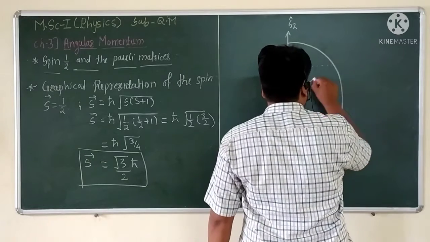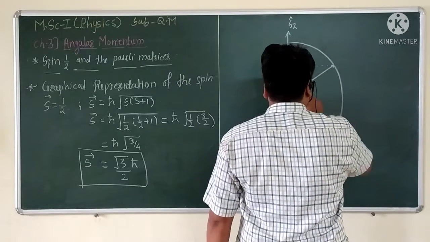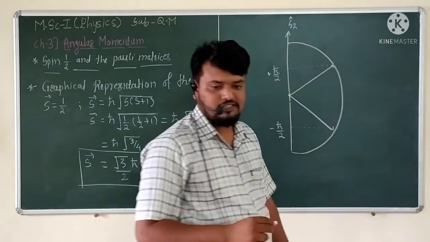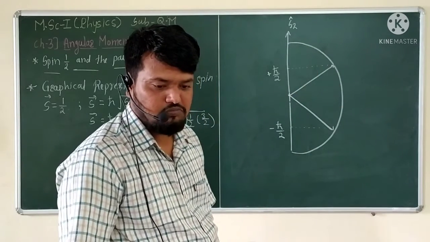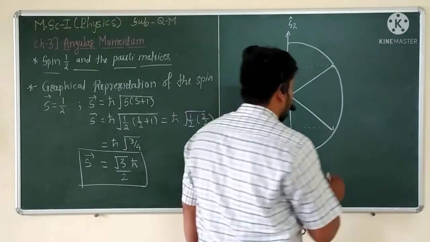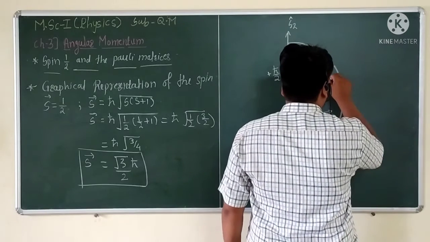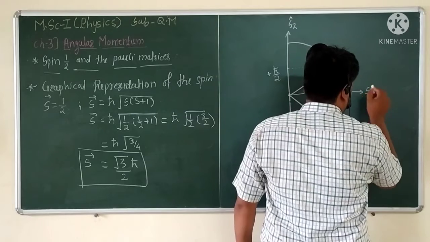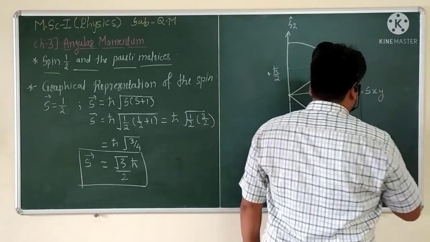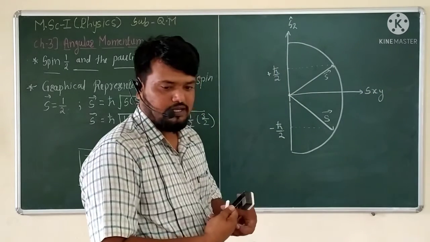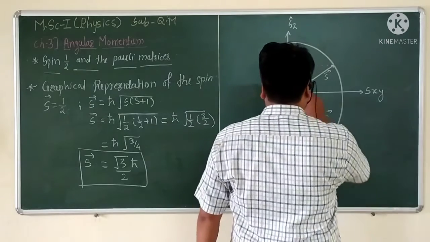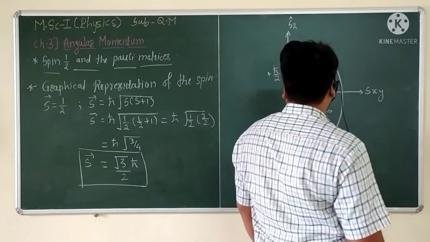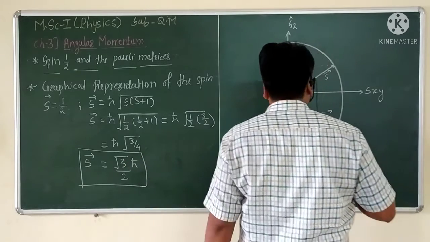So the representation of the spin is like this. This vector is the spin vector, S bar. Its components are simply Sx and Sy, and the angle is considered as theta.